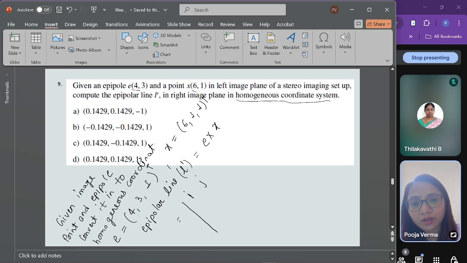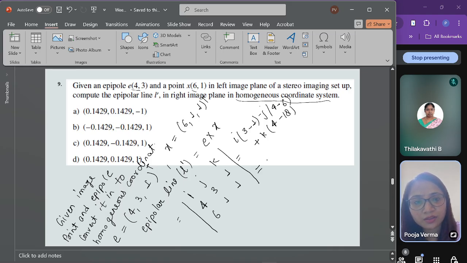So I say K and the two epipolar lines are given. So it's 4 3 1 in the homogeneous coordinate system and it is 6 1 1. Now just calculate as normal. I 3 minus 1 minus j, so 4 minus 4 minus 6, plus k 4 minus 18.